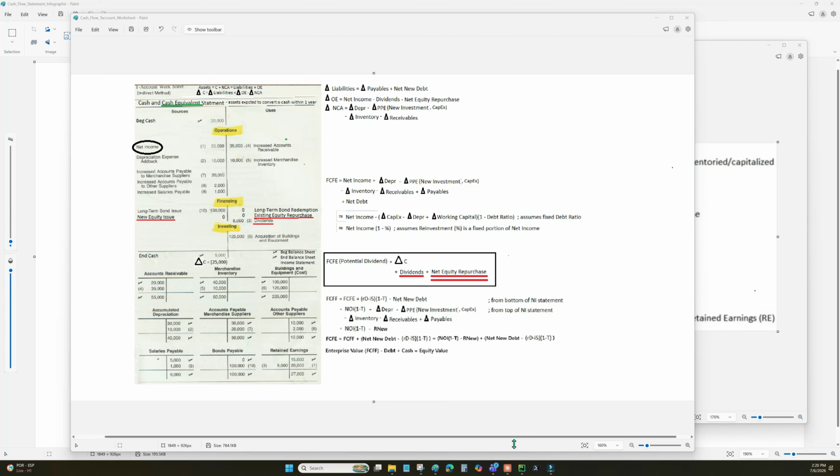And so instead of net income, it uses net operating income after taxes, which is also referred to as NOPLAT, which is net operating profit less adjusted taxes. Then plus depreciation, minus CapEx, minus inventory. So very similar thing. Now no debt, because again we're up higher in the income statement.